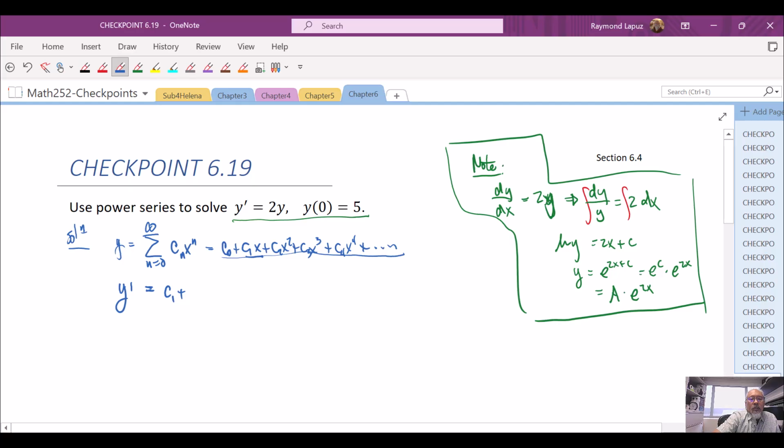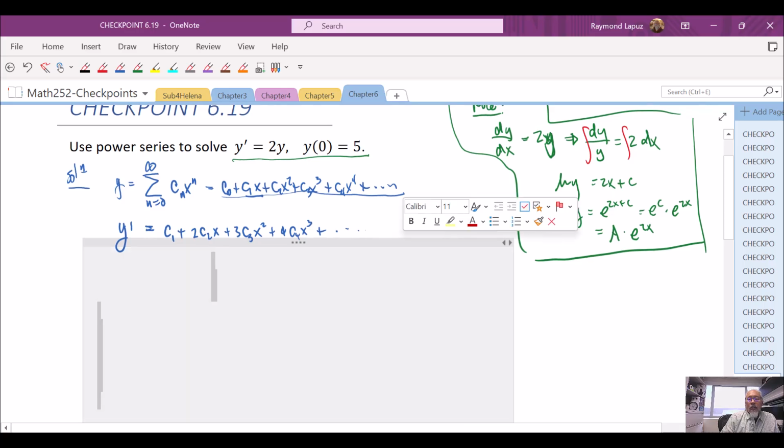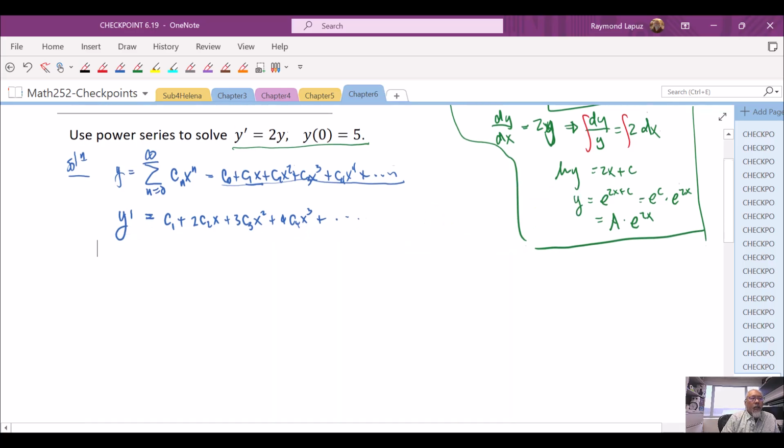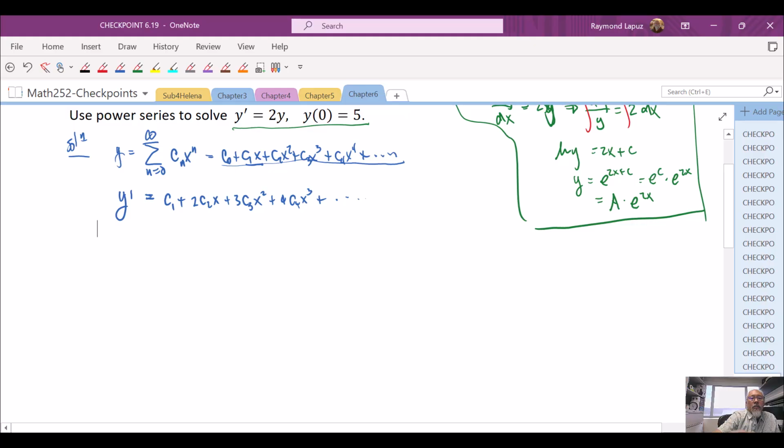The next term is 2c sub 2 x to the first power, and then I will get 3c sub 3 x to the second power, 4c sub 4 x to the third power, etc. I can fill that out as much as I want to. I will leave it like that for now and move on to writing this into our differential equation.